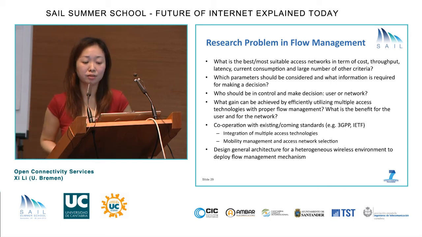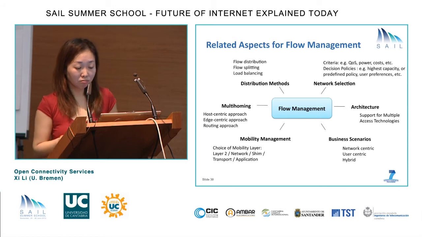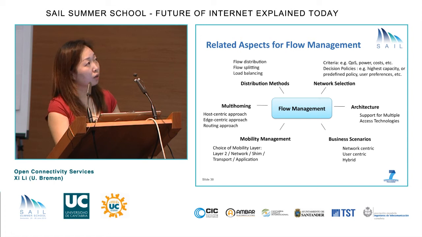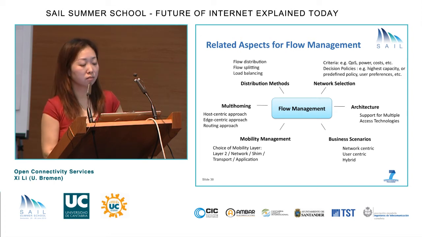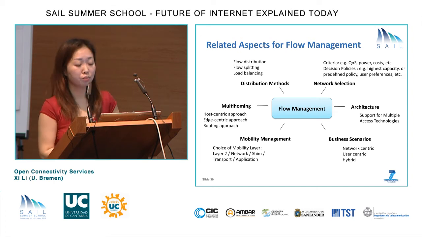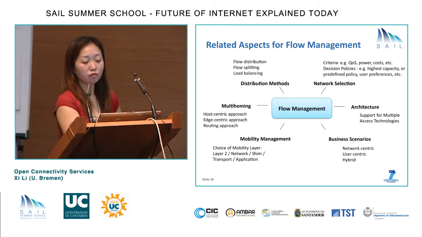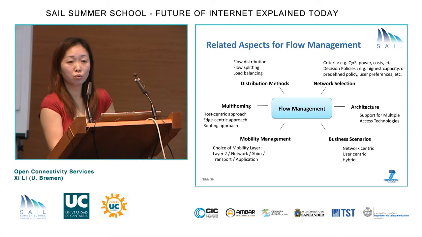To summarize, for flow management we need to take the following aspects into consideration. Firstly, how we do the network selection, and then how we distribute the application flows, whether we are doing flow distribution, flow splitting, or load balancing.